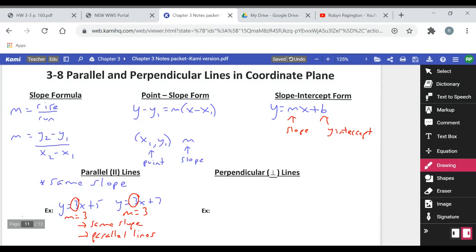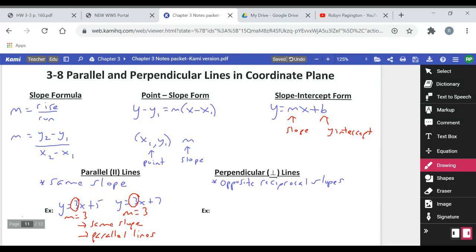Okay. Now, if we think of perpendicular lines, the symbol for that is this upside down capital T. But there's a couple of different ways you can think of it. I would say that most people think of it as they are opposite reciprocal slopes. Or you can think of it as negative reciprocal slope.